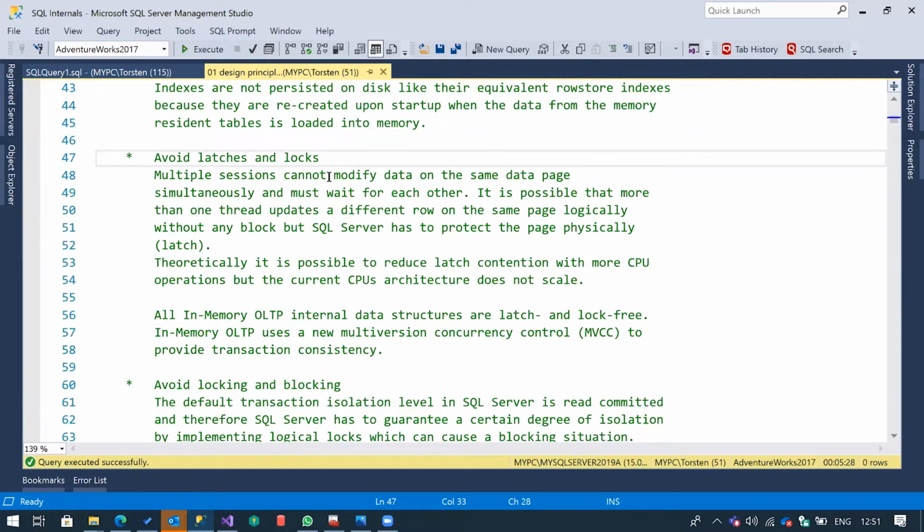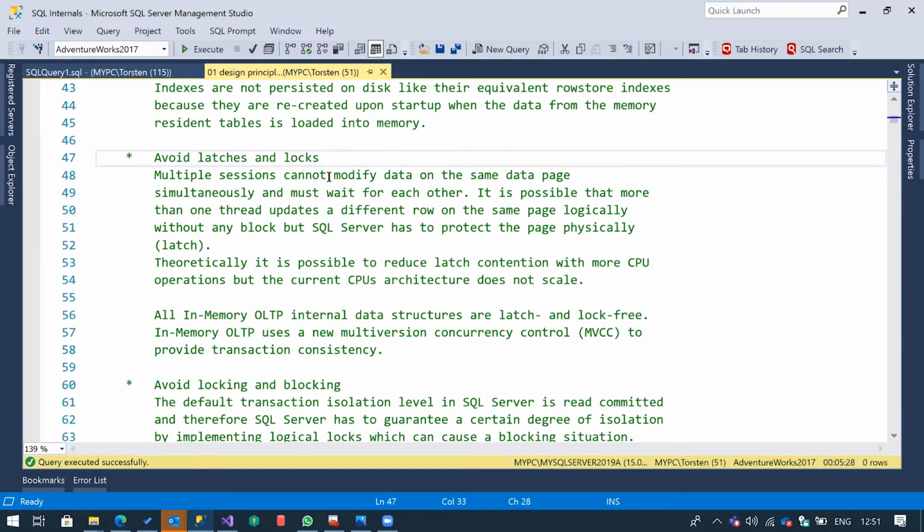A page latch means, in theory, you can run update statements on the same page by different threads at the same time.